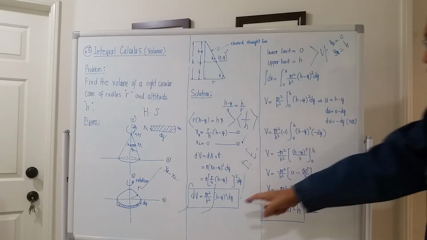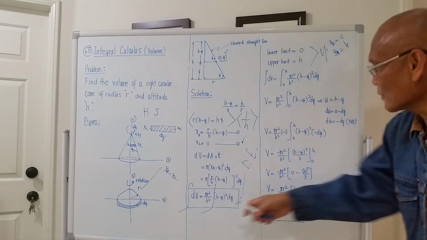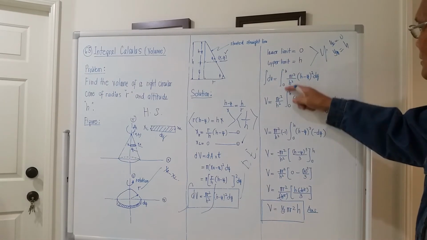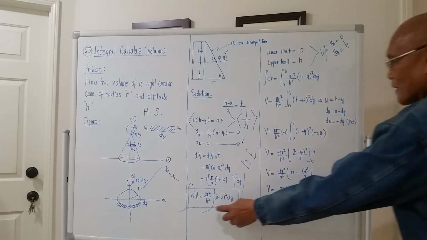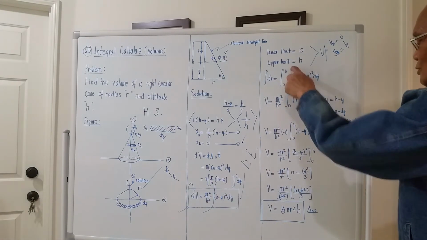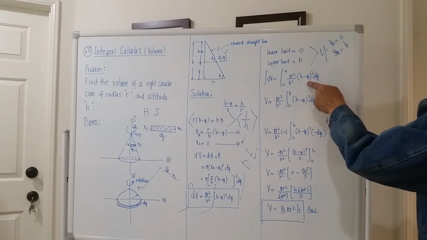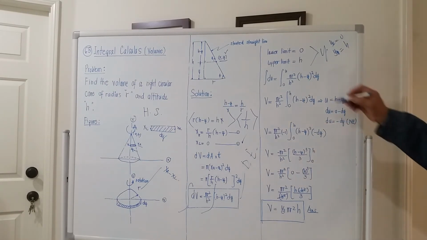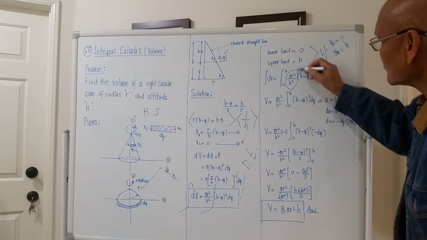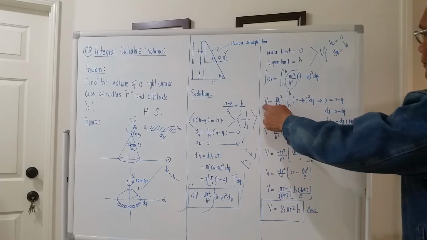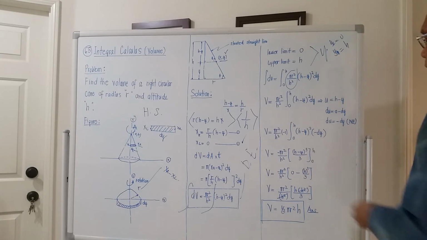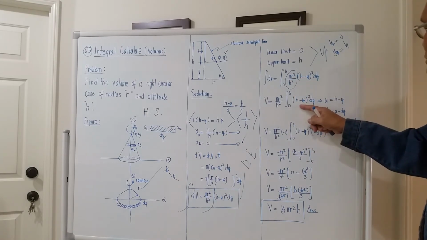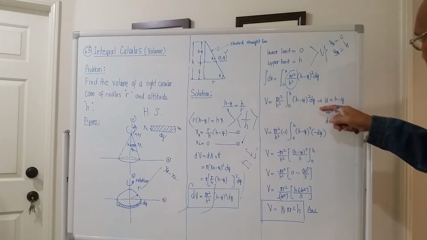Integrating both sides of the resulting differential equation, the integral of differential volume equals the integral from 0 to h of pi r square over h square times the quantity h minus y squared times dy. These are all constant, so we bring them out. Volume will be pi r square over h square times the integral from 0 to h of (h minus y) squared dy.